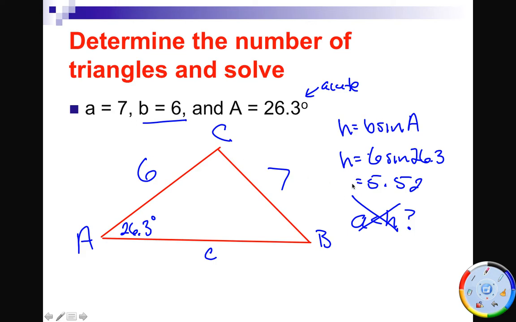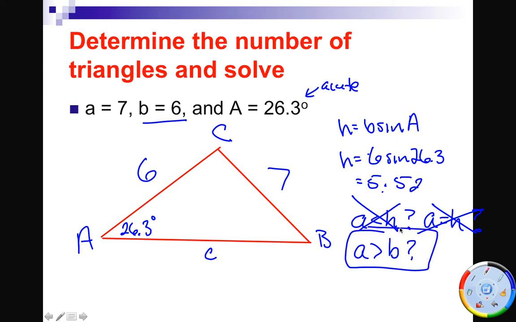Does A equal H? No. Okay, so that means there's not one triangle, or that particular case is not there. So does A equal H? No. Is A bigger than B? Yes. So as I made a statement here, there's one triangle because A is bigger than B.